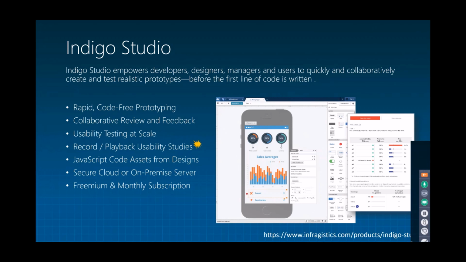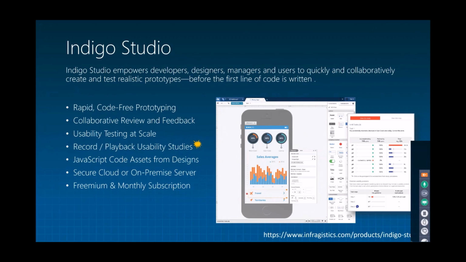Now what we've done in 17.1 is we've added the ability to record and play back usability studies. So in a previous release, between 16.2 and 17.1, we added some analytics on usability studies.